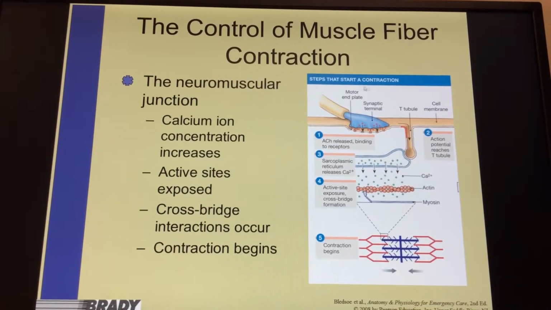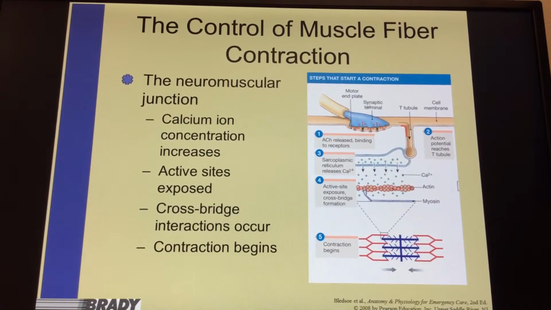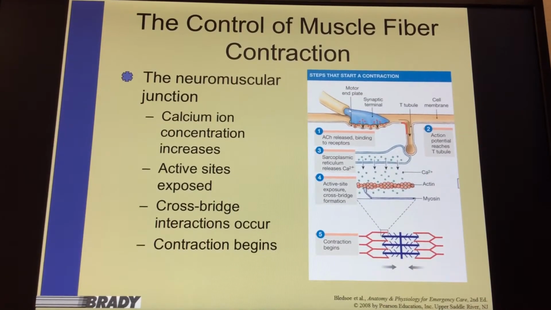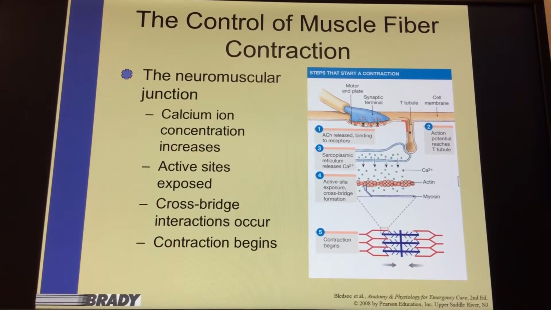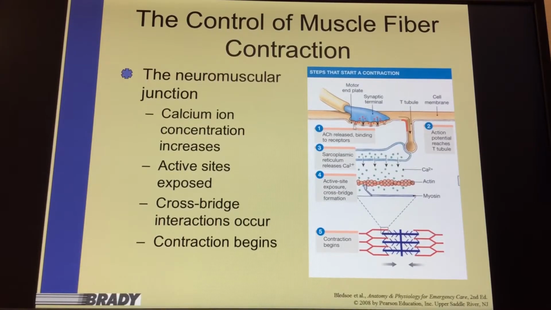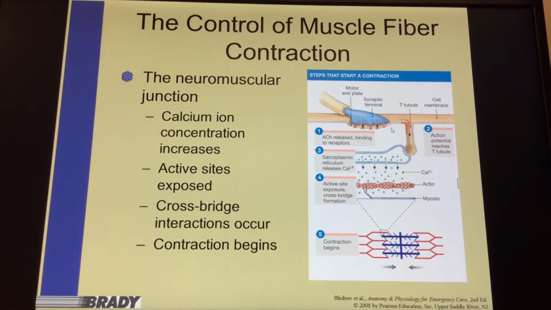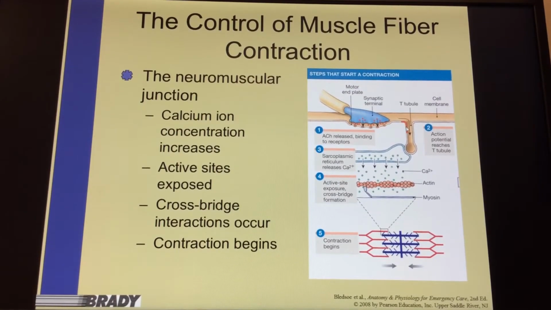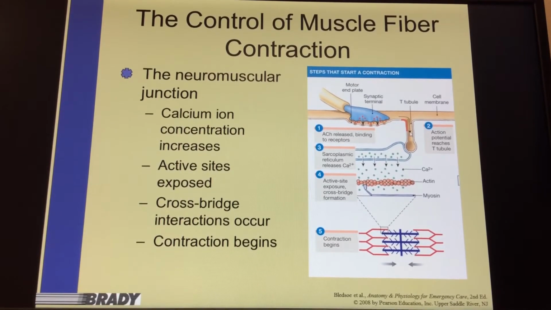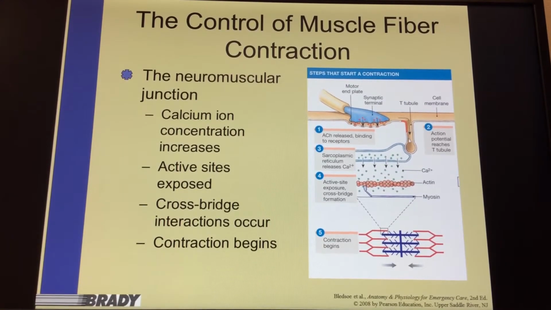So here is a diagram showing how exactly all that works. I'm going to start over again. Nerve impulse traveling down to the synaptic terminal. The synaptic terminal releases acetylcholine, which binds to these receptor sites right here, and as that does, it causes an influx of sodium, which potentiates the synaptic action potential, and it comes right down through the myofibril into the T-tubule.